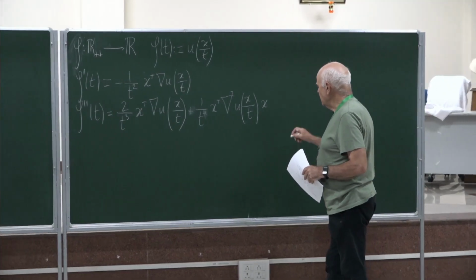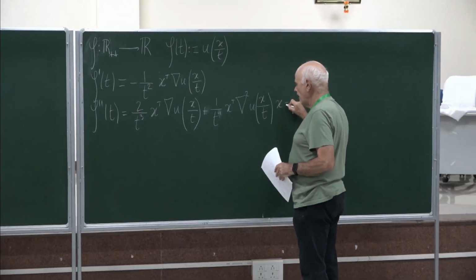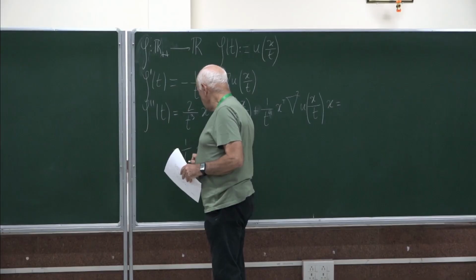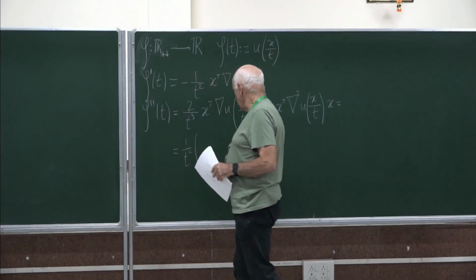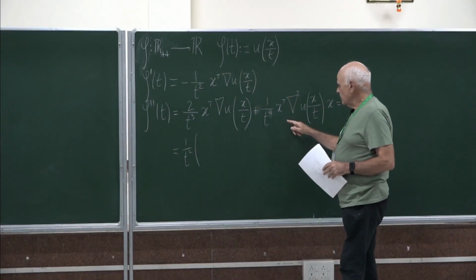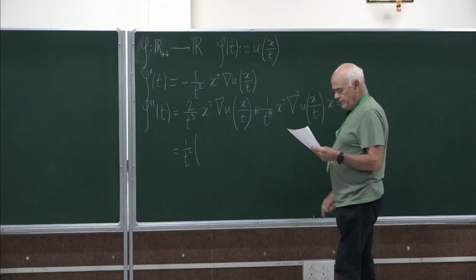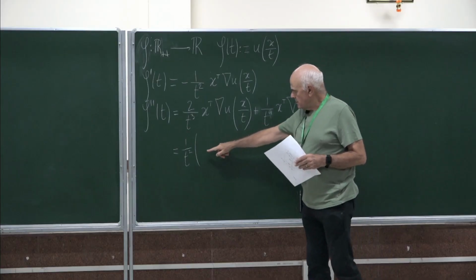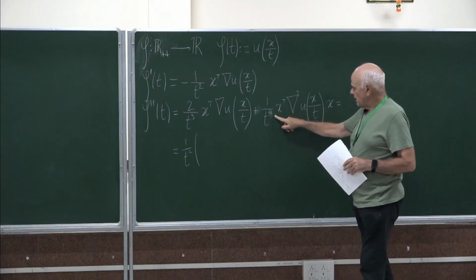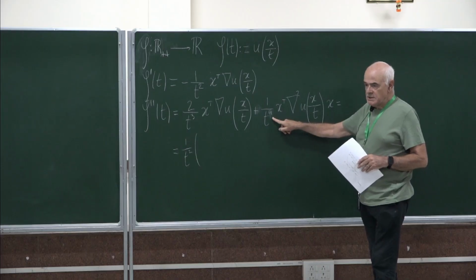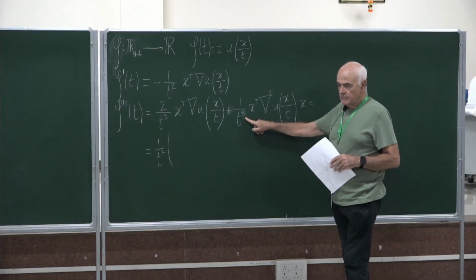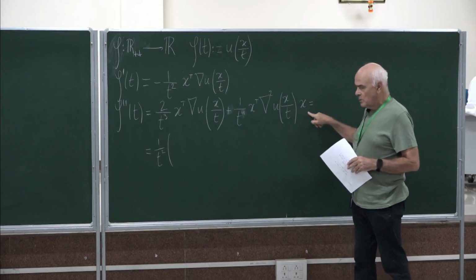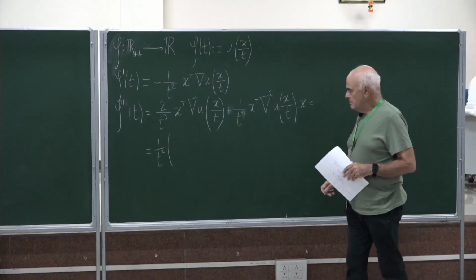And this can be written with 1 over t squared as a common factor. t squared is still left here. So this t squared, I put 1 t here and 1 t there. Okay?